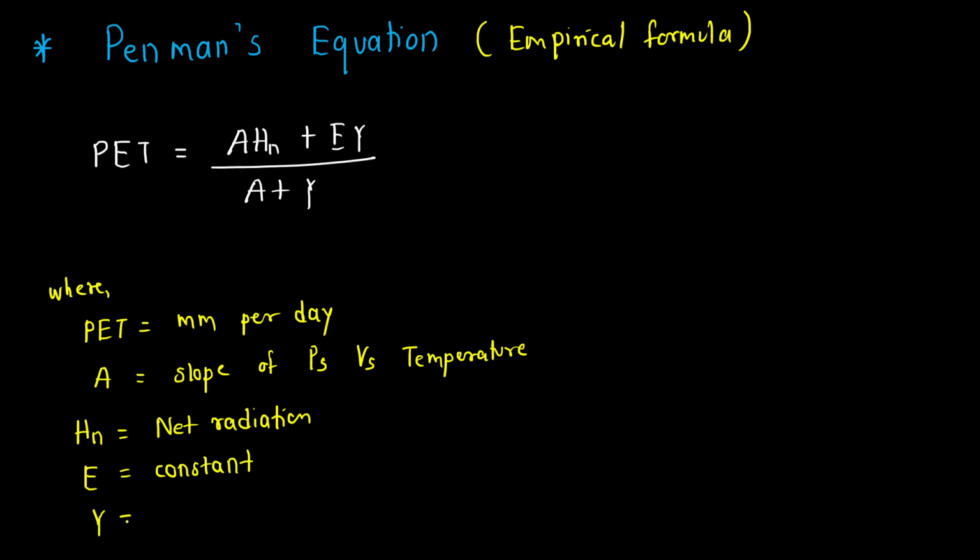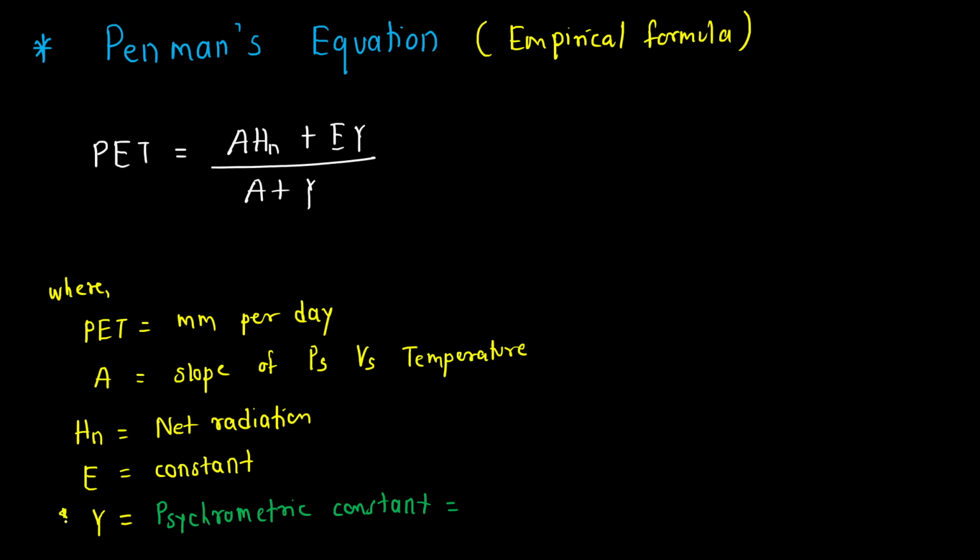Then last is gamma. This is asked in the exam many times, so write it properly. Gamma is called the psychrometric constant. Very important.